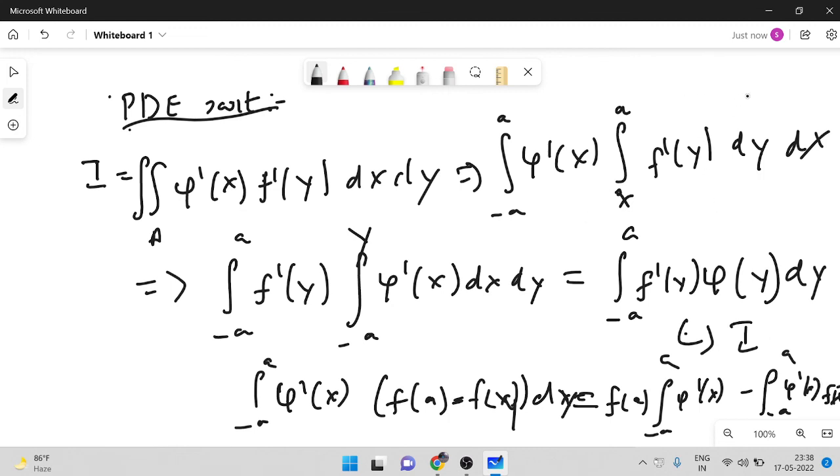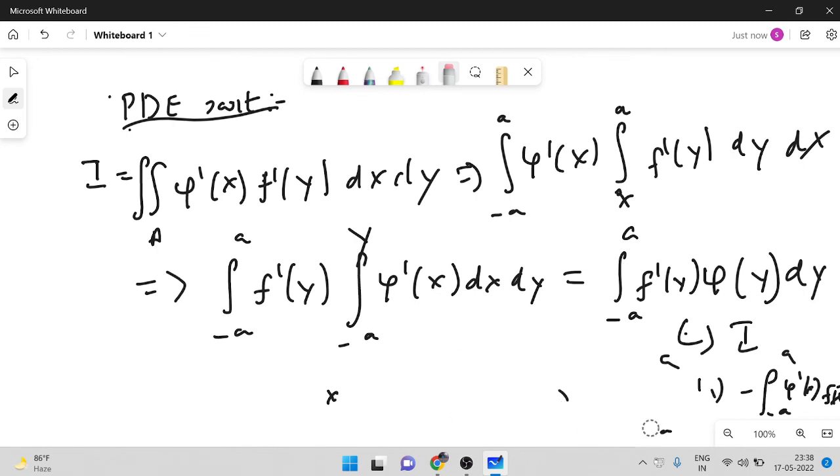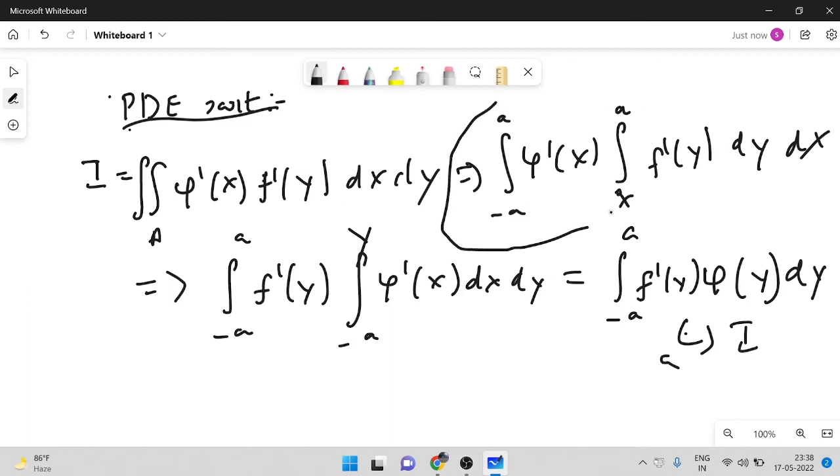I'm writing in a corner, so I'll write this step again. I'm just integrating this particular element, and you can do this slowly.